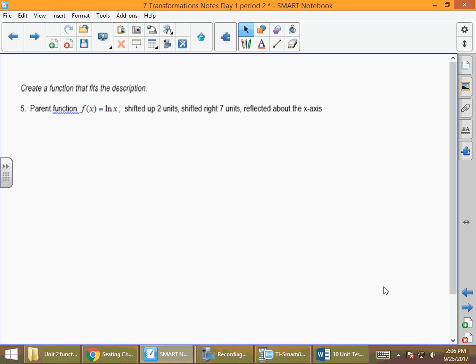As we look at the first function, f of x equals the natural log of x, well, shifted up 2, is that going to be an inside or an outside? It's going to be an outside. And then shifted right 7, is that going to be inside or outside? It's going to be inside. And then lastly, reflected about the x-axis, is that going to be inside or outside? Going to be outside.